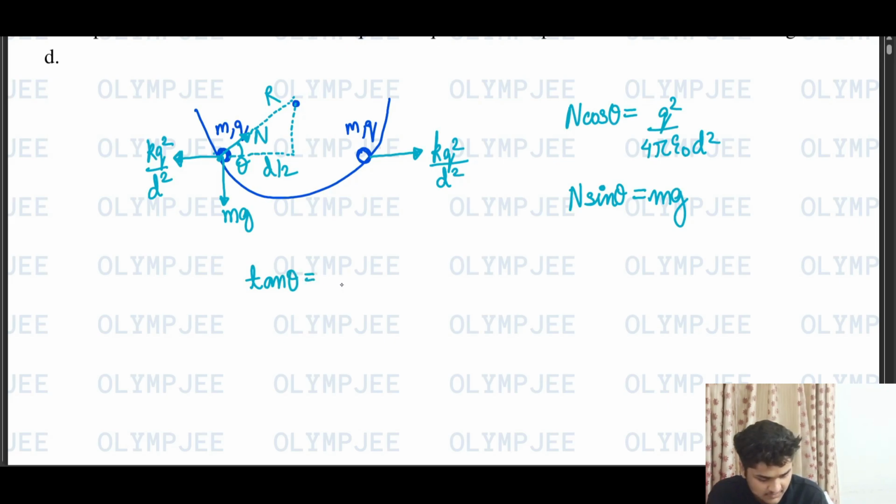tan theta is equal to, no sorry, tan theta is equal to mg 4 pi epsilon naught d square divided by q square.